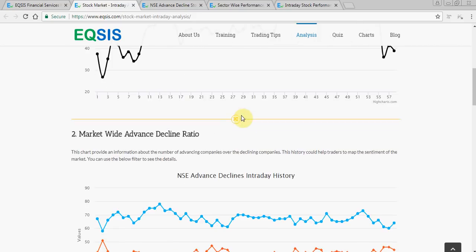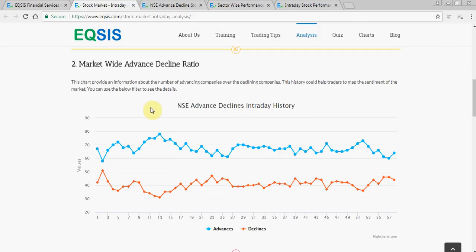If you scroll down, you find the next section of this chart. This gives you again an interesting thing, because it gives you the advance-decline ratios. Intraday traders often come across how many stocks are advancing versus declining, but we don't get to track how this moves as an intraday history. In the morning I see about 67 stocks were advancing.